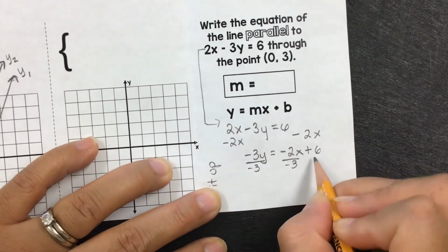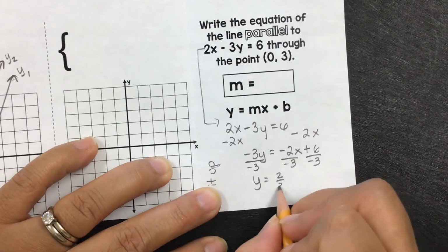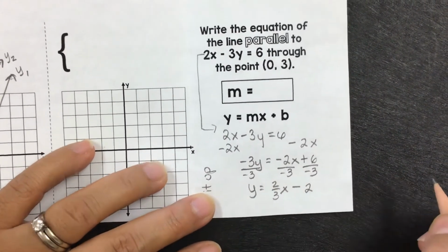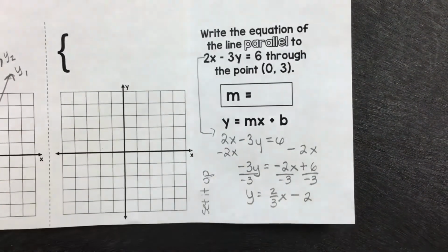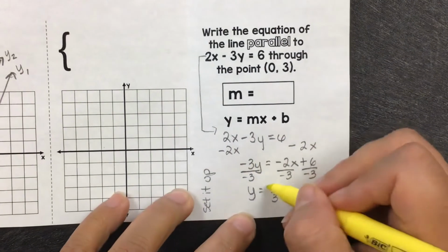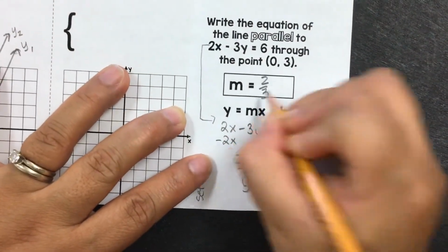Y is equal to 2/3 x minus 2. That's what I want you to highlight, that this is the slope that we need for our second equation, 2/3.